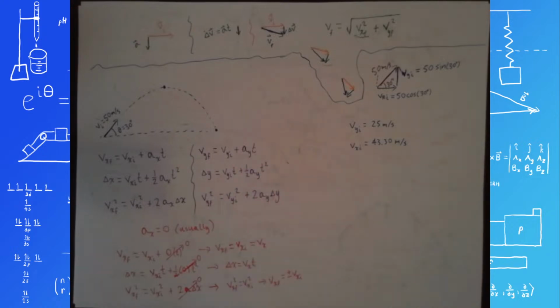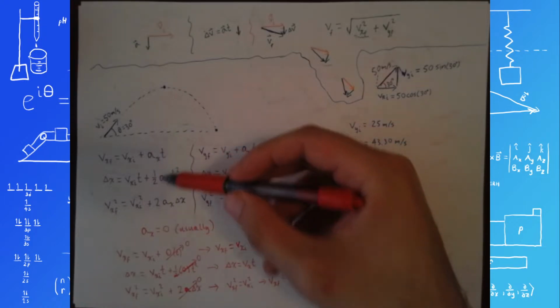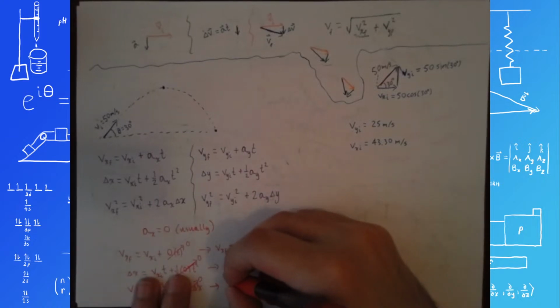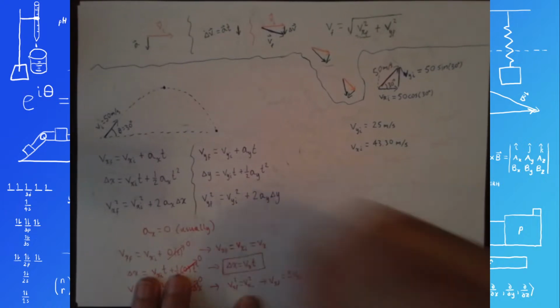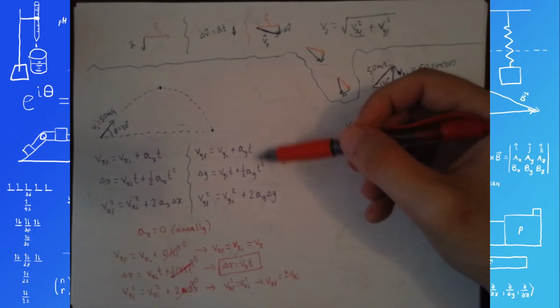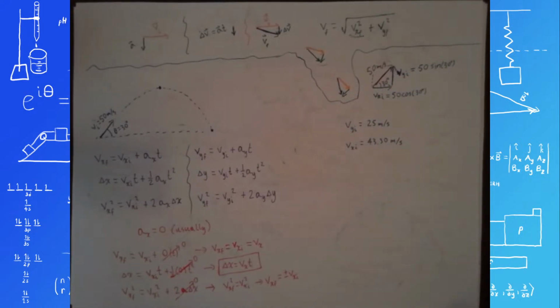So usually the equations in your x direction will just simplify down to delta x equals Vx times t. And for the majority of your projectile motion problems, it'll be just this equation in the x direction and these 3 equations in the y direction.